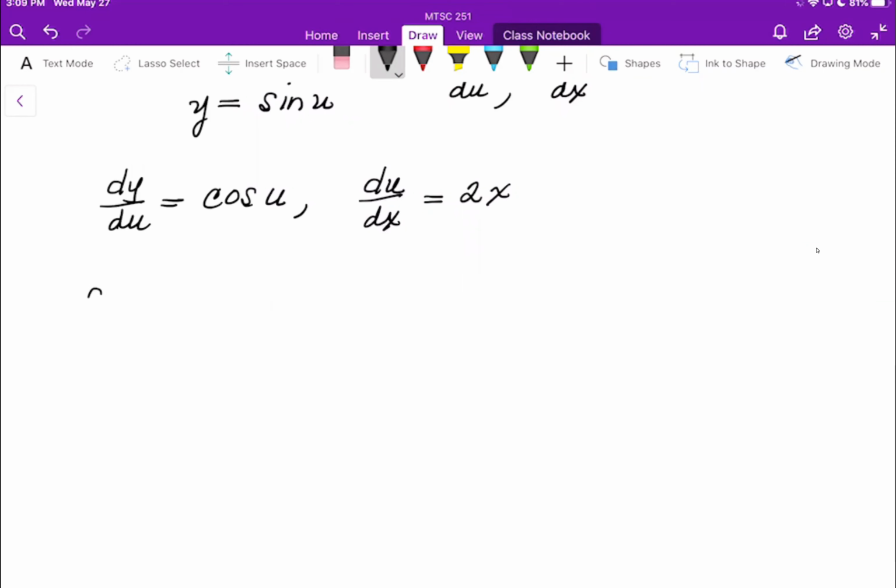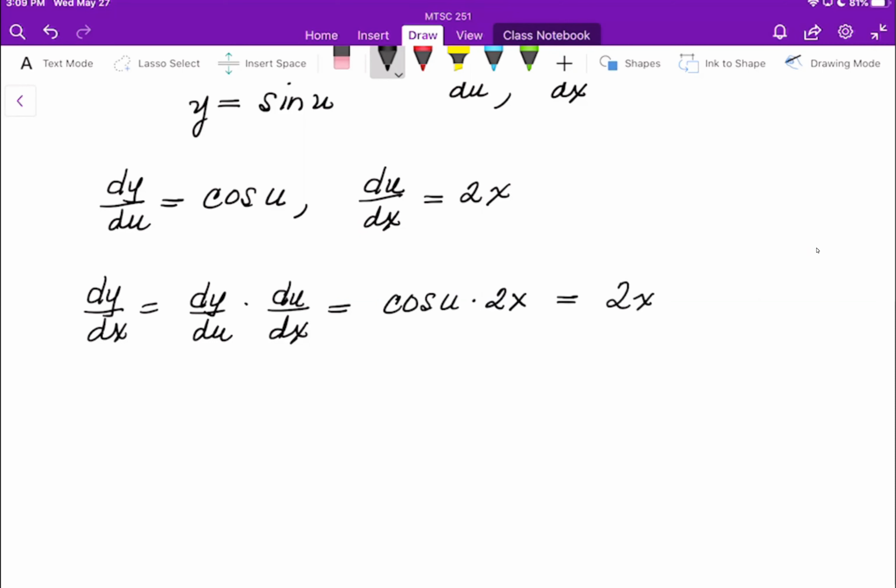So therefore, dy/dx is dy/du times du/dx. dy/du is cosine u, times du/dx which is 2x. So this is 2x times the cosine of u.